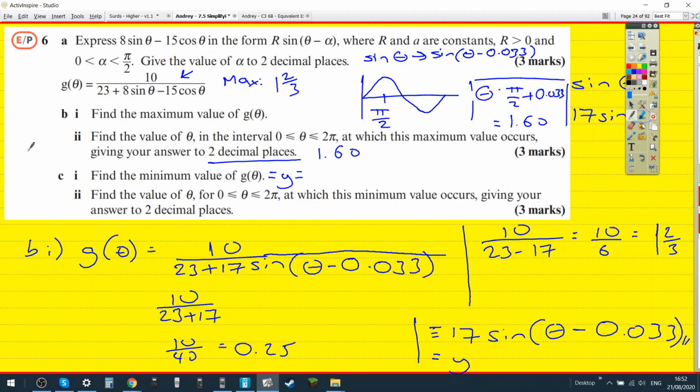For sine theta, it's -1. For this crazy thing, 0.25. Yes, very good. And part 2.